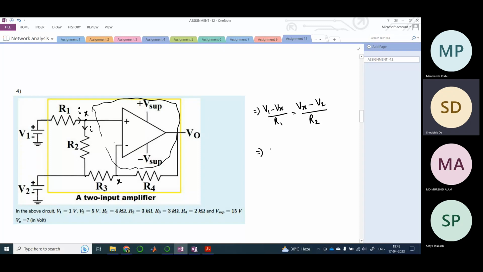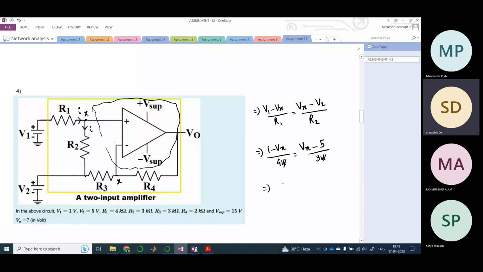V1 is 1, R1 is 4k, V2 is 5, R2 is 3k, right?